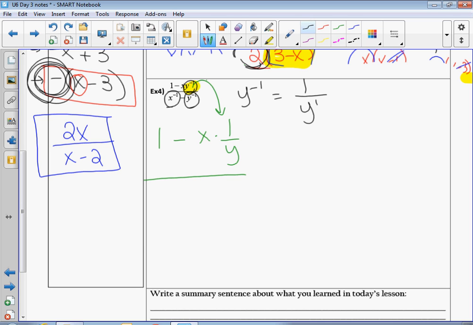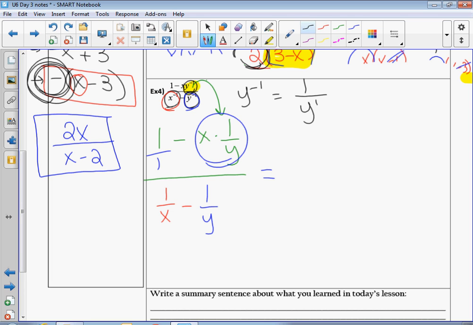In the denominator, I will take this x to the negative 1 and rewrite that as 1 over x. And I'm subtracting from that another y to the negative 1, which is 1 over y. So here I'll rewrite that as x over y.